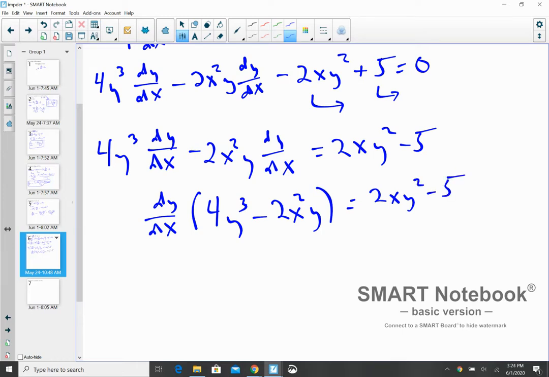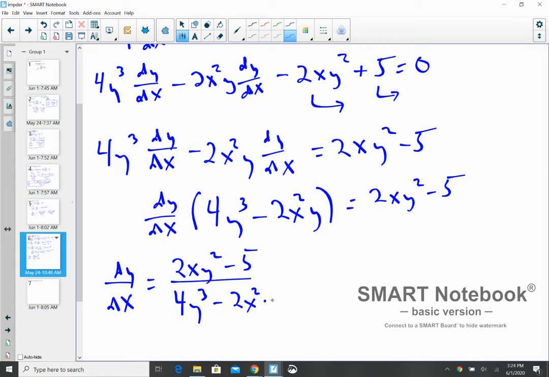So that you have their coefficients together in their own set of parentheses, and then you can just divide that on over. So that you have dy/dx equals 2xy squared minus 5 over 4y cubed minus 2x squared y. No complex fractions, no negative exponents. We good. Okay, let's look at the last one.